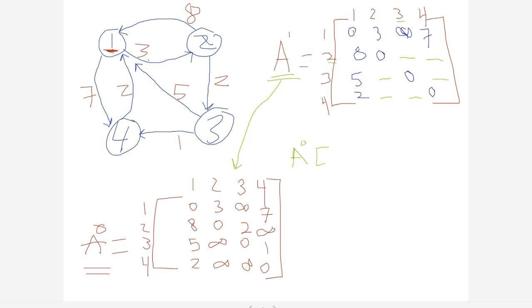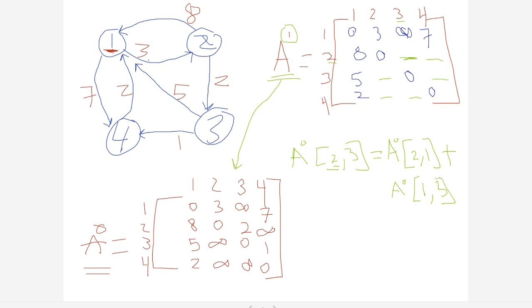A0 of 2 to 3 equals A0 of 2 to 3, which is this one. Now we consider 1 as intermediate. So from 2 to 1 as intermediate, A0 of 2 to 1 plus A0 of 1 to 3.